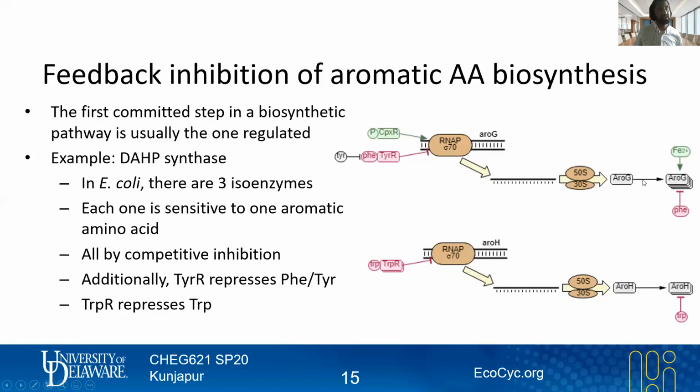Or rather, I should say, they all perform the same function. They all make DHP, but AroG and AroH are respectively the ones that are sensitive to either phenylalanine or tryptophan. And so their transcription is also regulated by this TyrR or TrpR respectively.